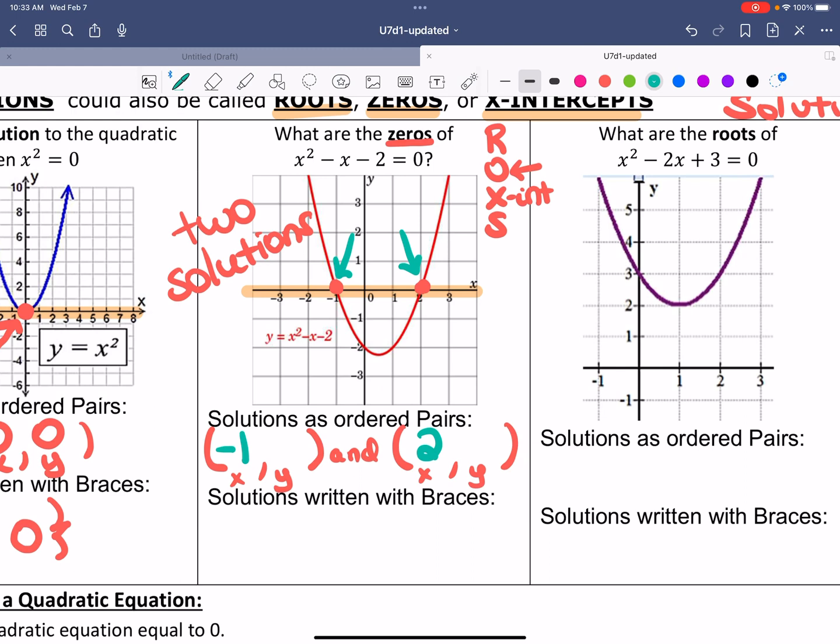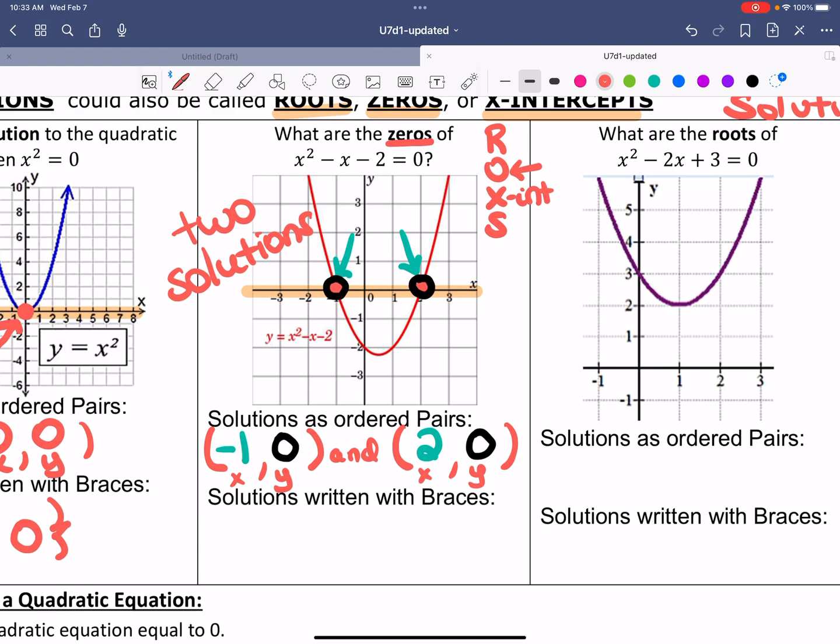Because the definition of an x-intercept is where it intersects the x-axis, it stays on the x-axis, there's no up and down movement. That means your y-coordinate will be a 0. So our two solutions as ordered pairs are (-1, 0), which is the left side, and (2, 0), which is the right side. Or you can write it as a list of numbers.